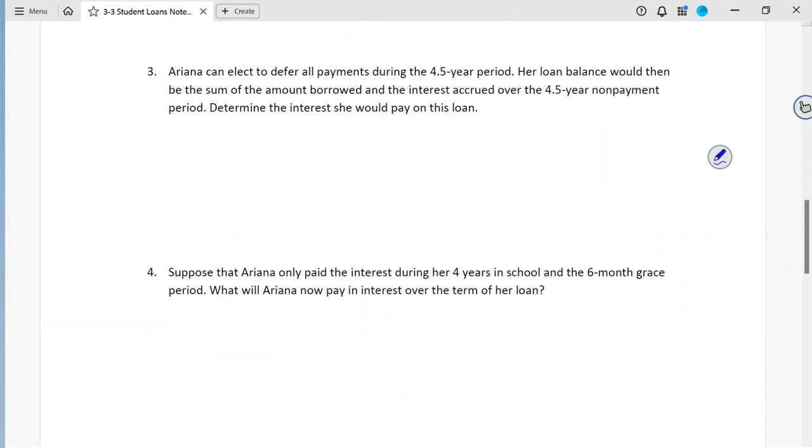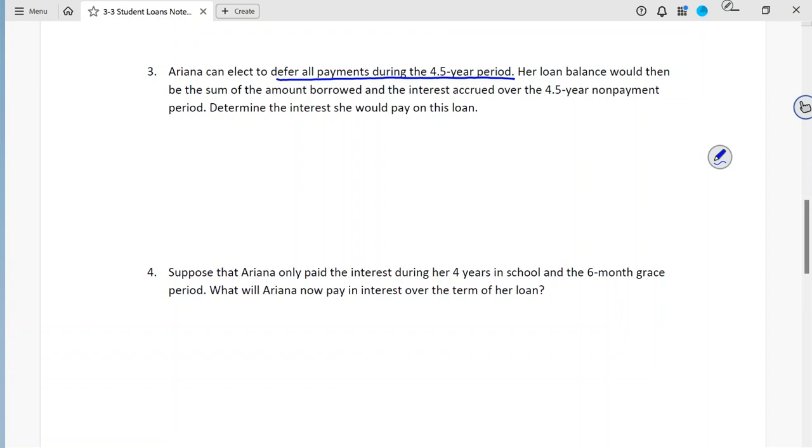Okay, Ariana can elect to defer all payments during the 4.5-year period. Her loan balance would then be the sum of the amount borrowed and the interest accrued over the 4.5-year non-payment period. Determine the interest she would pay on this loan. So let's assume that Ariana deferred payments on her unsubsidized loan, and she's going to begin paying 6 months after graduation.